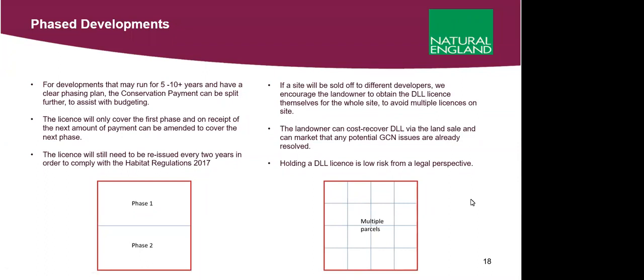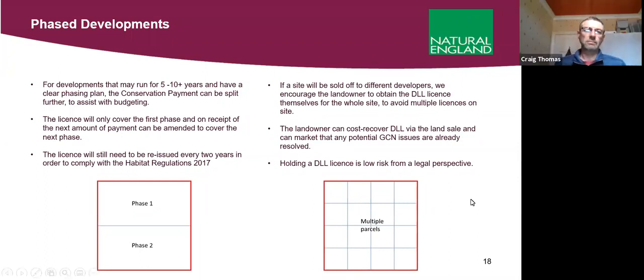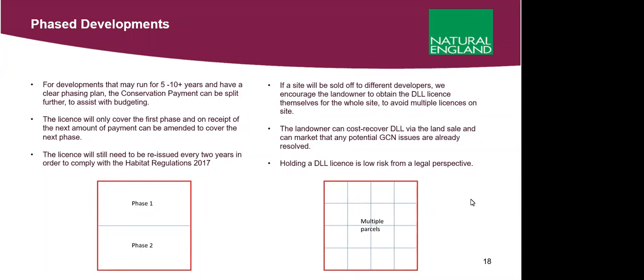Okay, so I've got 2 different examples here. This first one is recognizing that development, large development, can happen over a very long time, and obviously our standard approach is to invoice for the conservation payment at the point of license, or with a first stage payment as well, as Craig described.